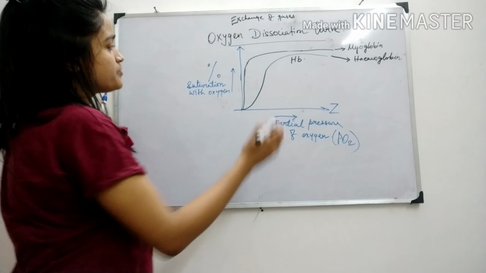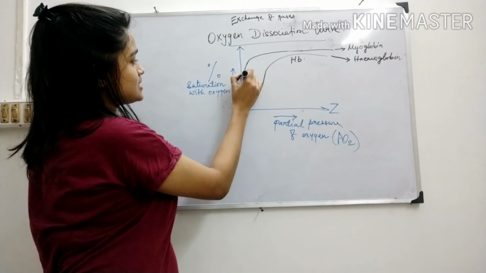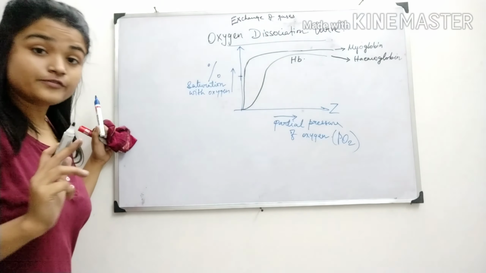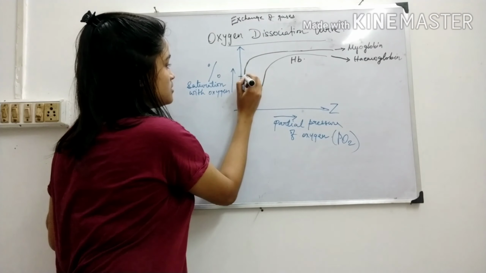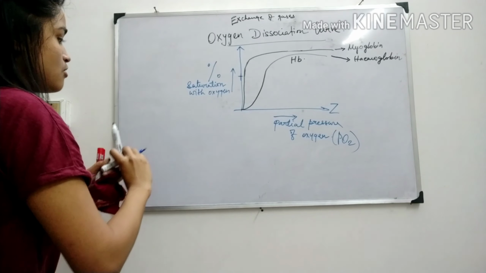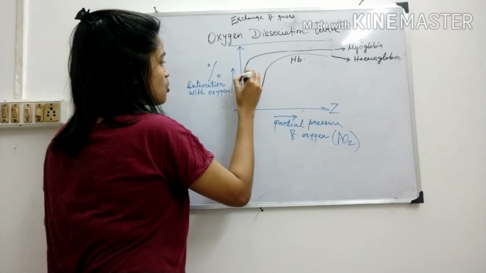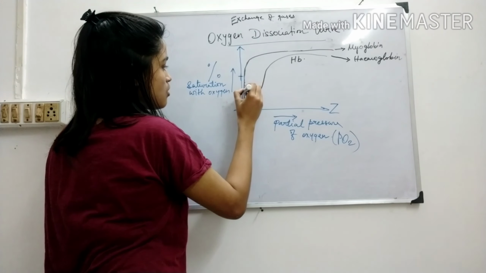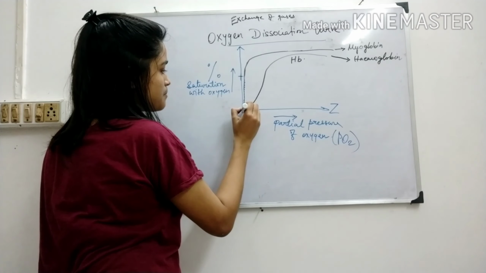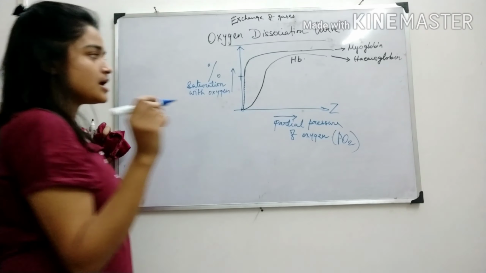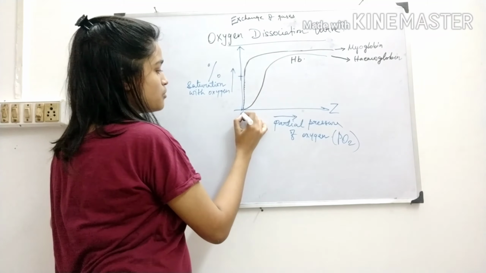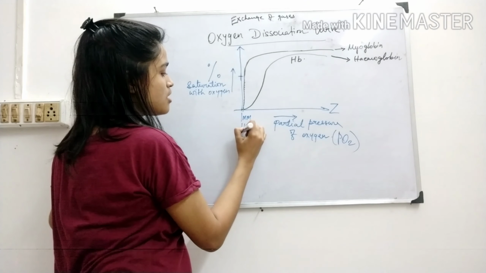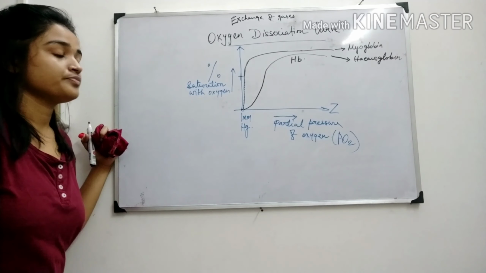You see, if I take 50% saturation, the partial pressure for myoglobin is so low. This is the partial pressure for myoglobin, suppose 1 millimeter of mercury.